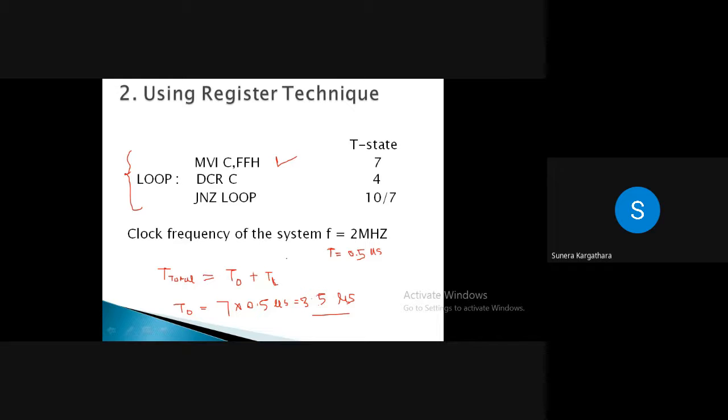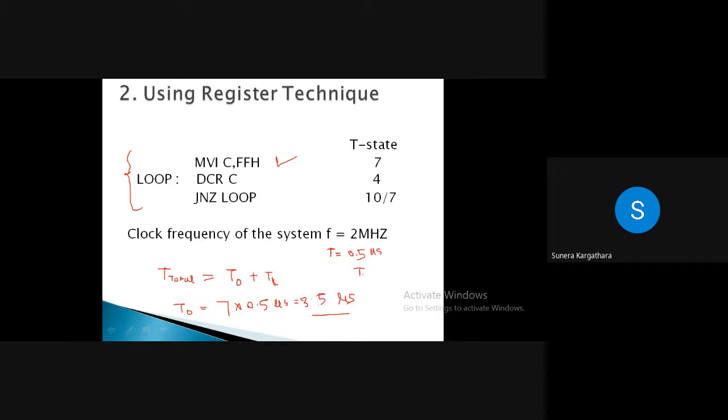Now inside your loop, you have how many instructions? 2 instructions. So total T states are how many? 4 plus 10, so the total is 14 T state. You will execute 14 T state how many times? 255 times.